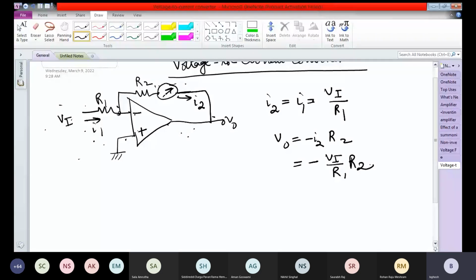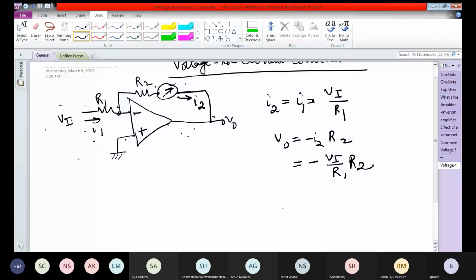But in this case, what we do have is that one side of the load impedance is not at ground. We need to have one side of the load impedance at ground potential.